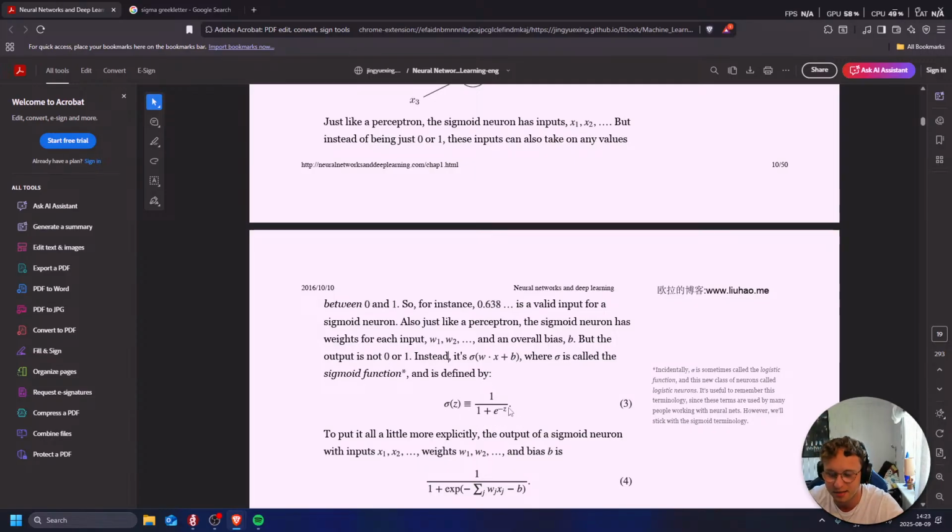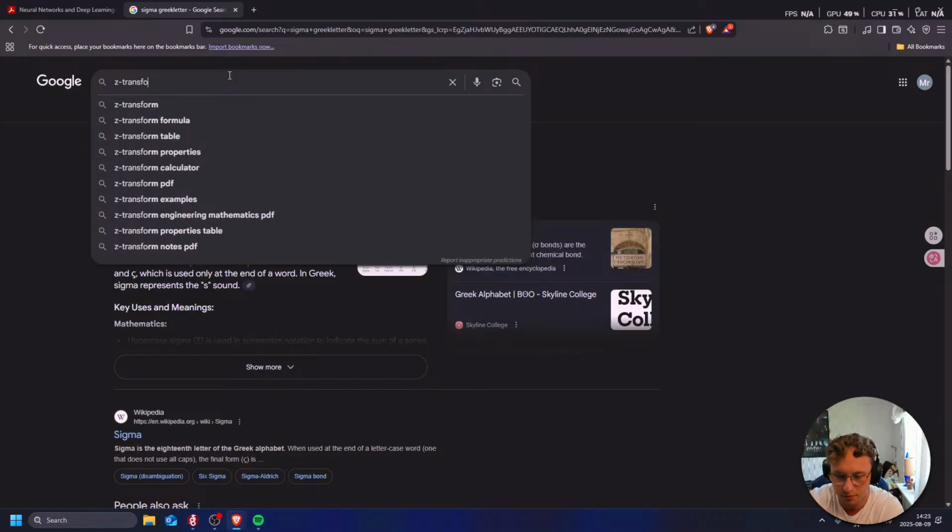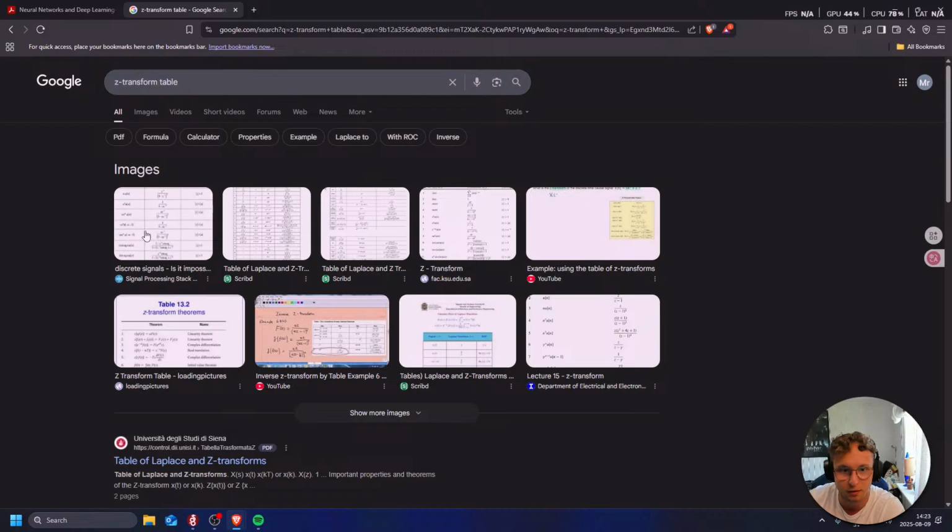I think this is something similar. It's like the C transform or whatever, in a complex plane, I think. Wait, I have to search this up. Transform table, I think.